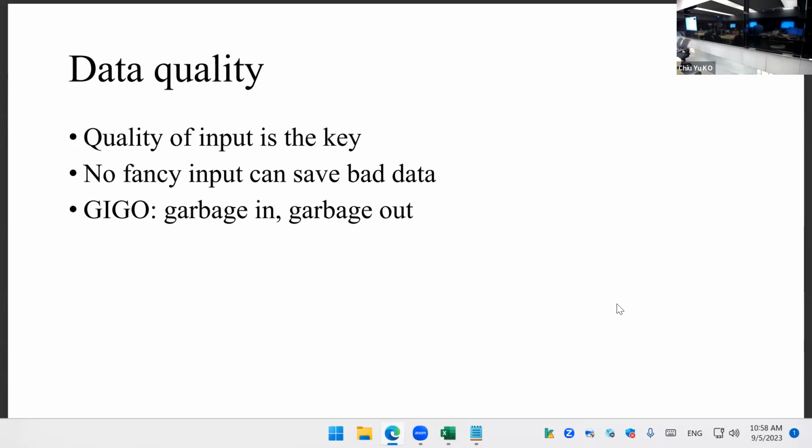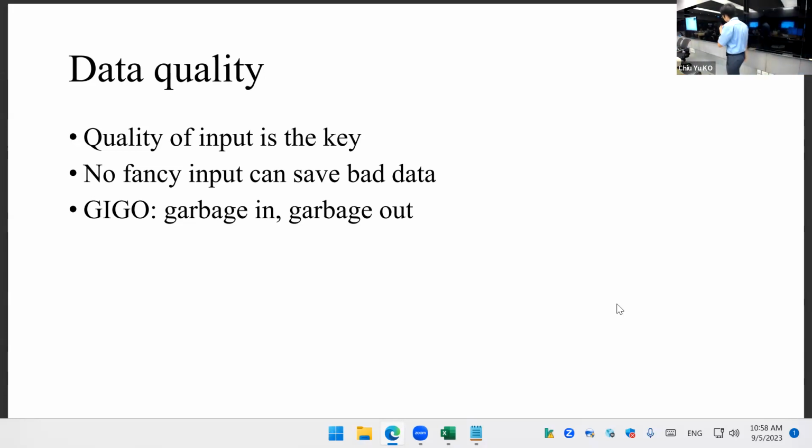It's very difficult to get fresh seafood or fresh vegetables, and no matter how expensive the restaurant is, it's very difficult to taste good because the ingredients are not fresh. Same for data analysis, right? If you are unable to get good data, the analysis will not be good. Okay? So that's very important.